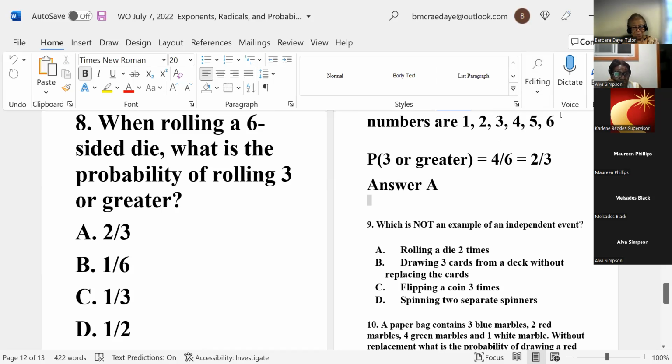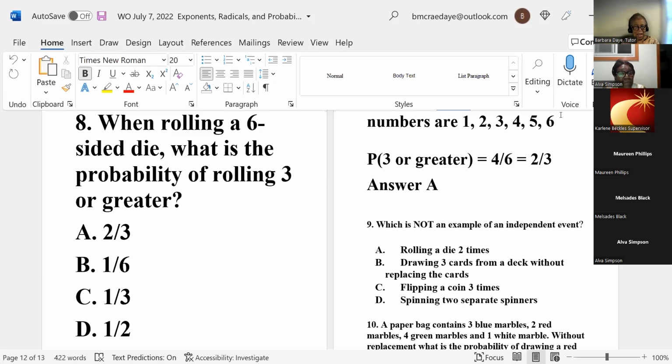You say 4/6, and then simplify it to 2/3. 2 goes into 4 two times, and 2 goes into 6 three times. Mercedes, does that answer your question? Yes, thank you, Miss.